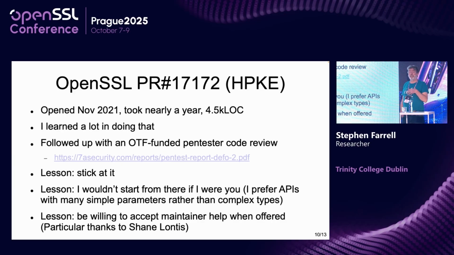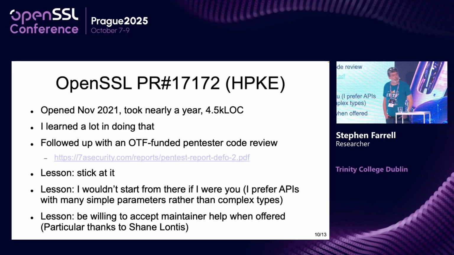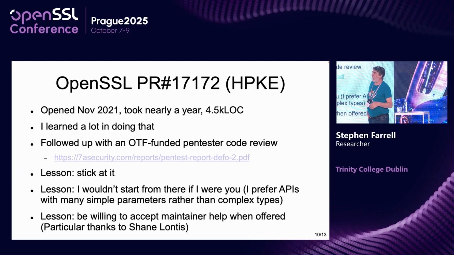Now, partly that was my fault, because this was the first time I had tried to add something as complicated to OpenSSL. My native approach for APIs is to have simple APIs with lots of simple parameters. OpenSSL prefers more complex structures and various style things that are different.